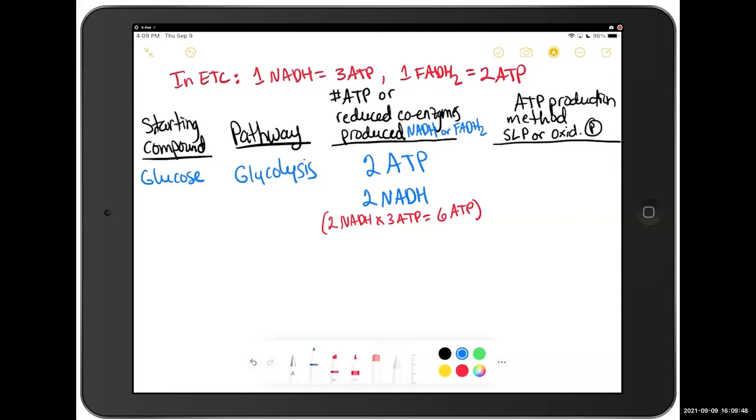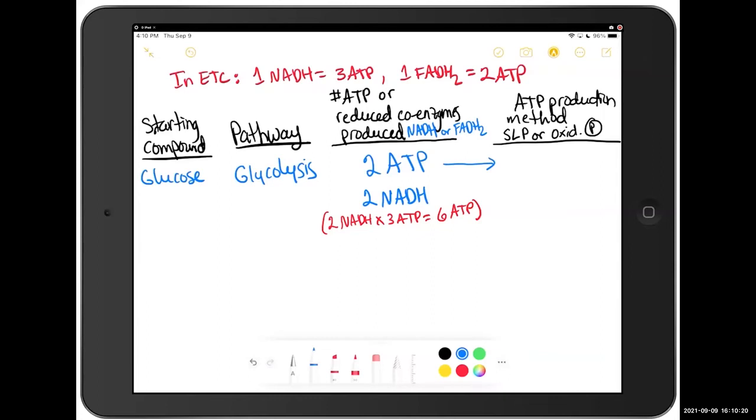So now my next question is, what ATP production method was used to generate my 2 ATP and my 2 NADH? Let's take one at a time. For my 2 ATP, which ATP production method was utilized? You have two choices. Even though there are 3 methods of generating ATP, we're only going to focus on 2.